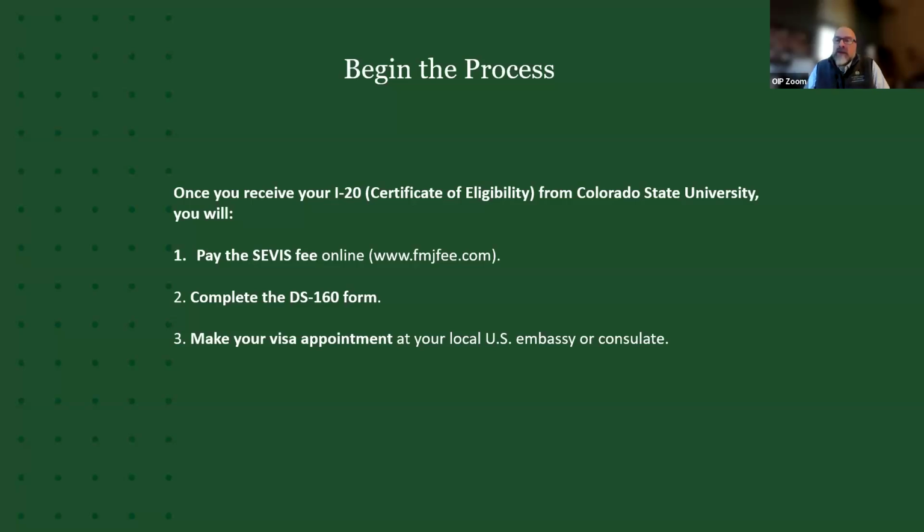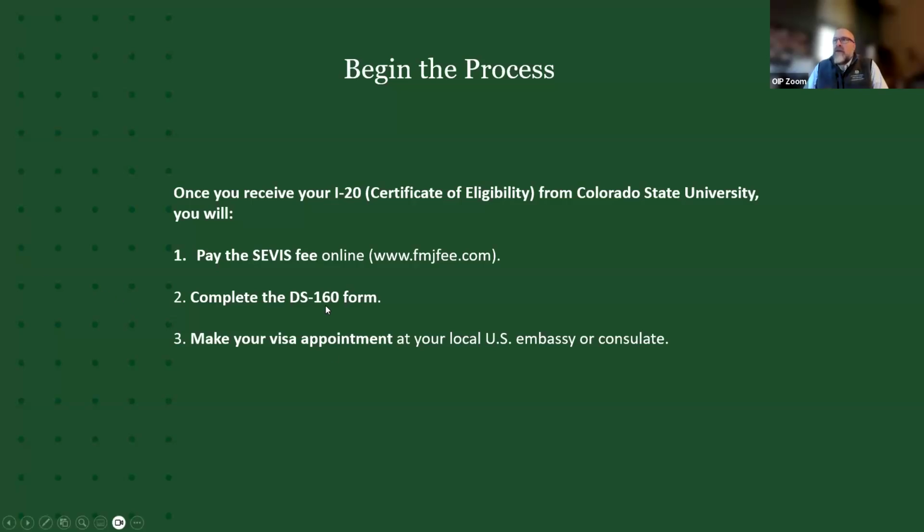If the name on your I-20 doesn't match your passport, make sure you contact International Admissions, and we will correct that before you pay the SEVIS fee and apply for your visa. Then you need to print out your SEVIS fee receipt and keep that for your records.